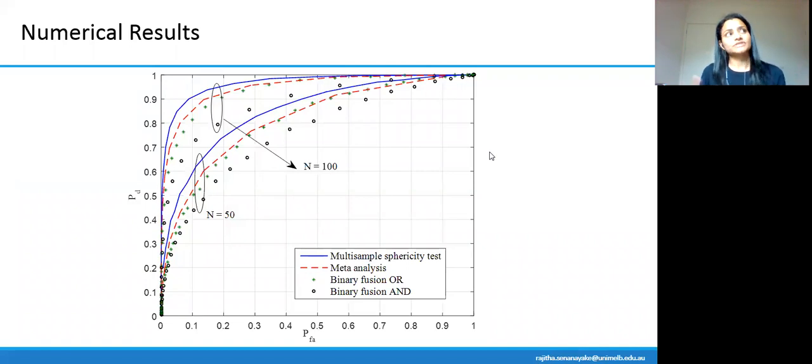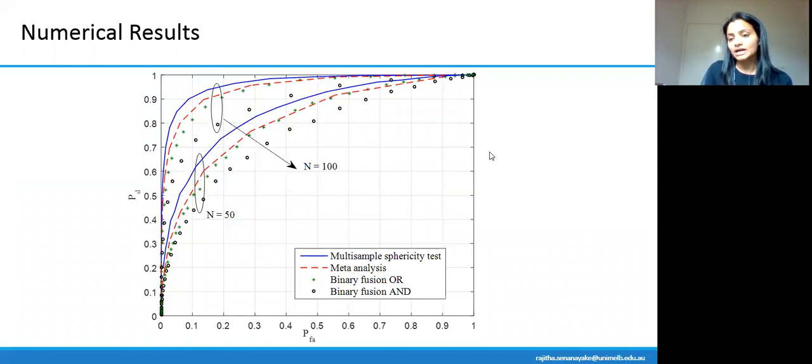So basically, the motivation to go even further down was to save network overhead and processing power. Thank you. But actually, the main jump was, I agree, going from centralized to the first multi-sample sphericity test.